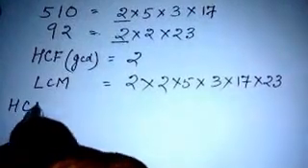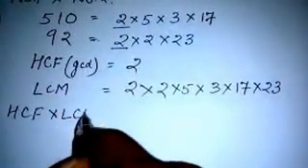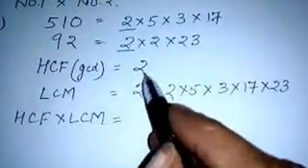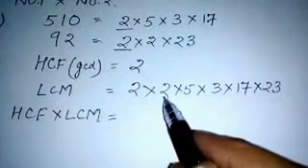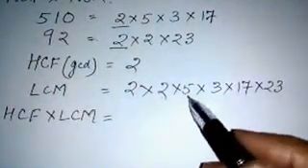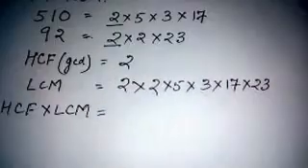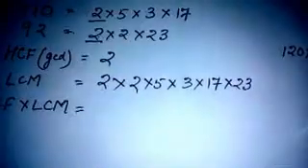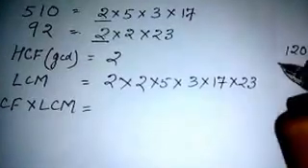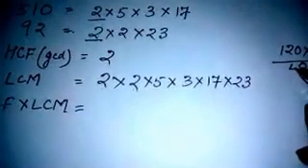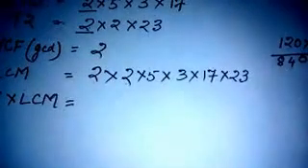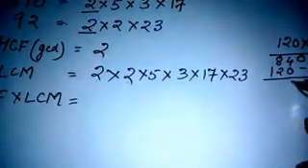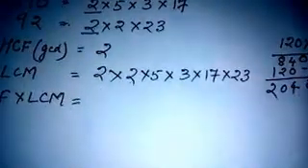The product of HCF and LCM, let us calculate now. Let us multiply these. 2 2s are 4, 2 4s are 8, 5 8s are 40. 40 into 3, 120. 120 is now to be multiplied by 17, then multiplied by 23. When you multiply by 17, we get 2040.